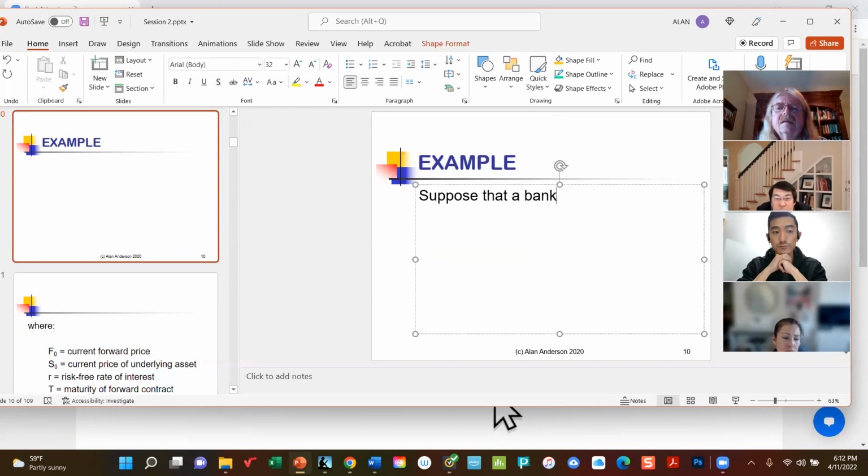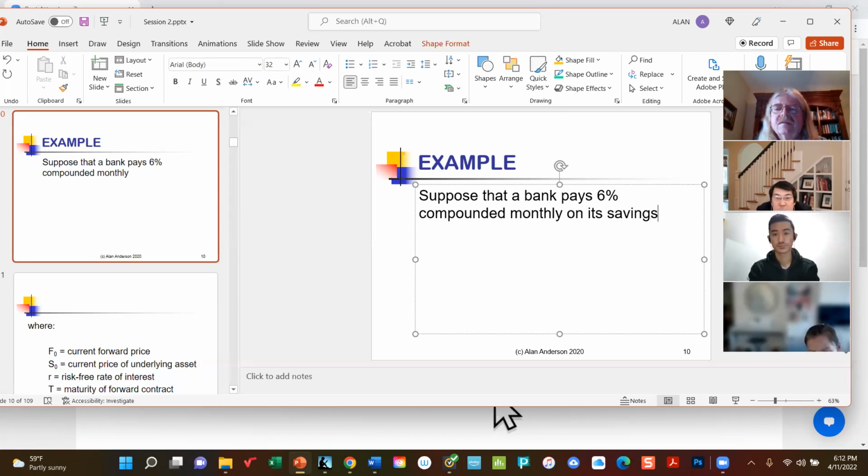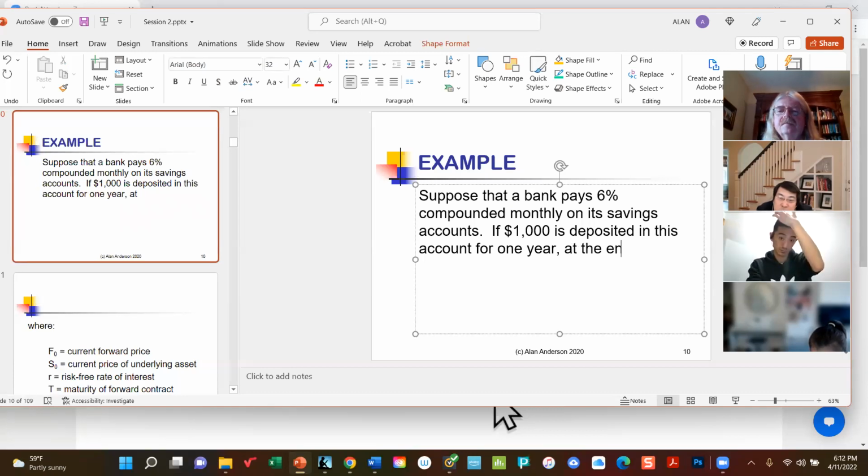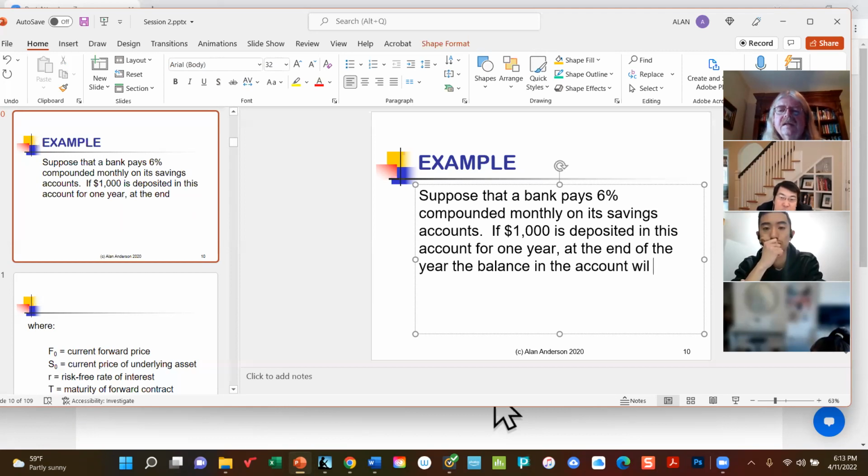Suppose that a bank pays 6% compounded monthly on its savings accounts. So what that means is that if $1,000 is deposited in this account for 1 year, at the end of the year, the balance in the account will be, well, you've got 0.5% each month for 12 months.